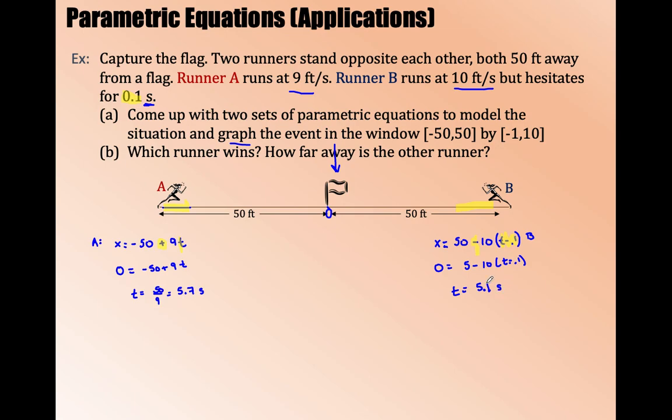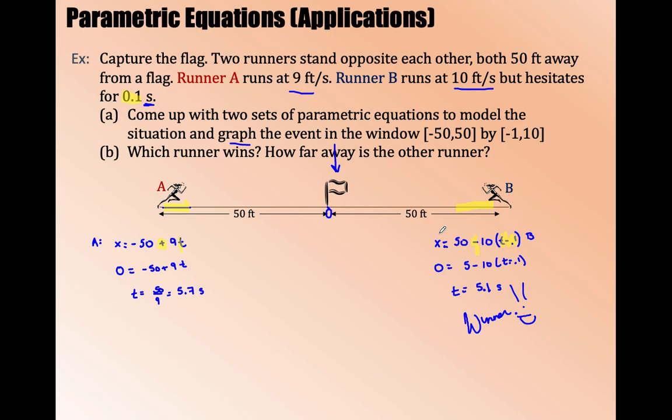So, who ended up winning? So even though runner B hesitated, maybe they were just trying to be nice, runner B still is the winner, right? Winner, winner, chicken dinner. Right, so it only took runner B 5.1 seconds to get to the flag, but it took runner A 5.7 seconds. Right, so she who hesitates is not lost in this scenario.